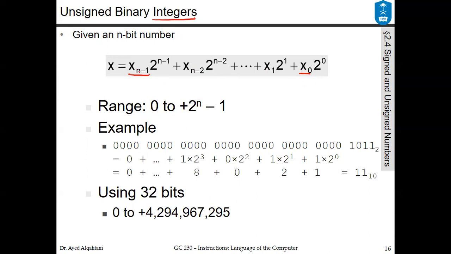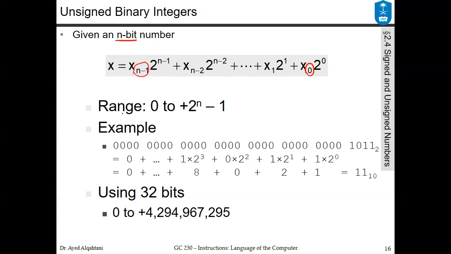Each one of these bits should be multiplied by 2 to the power of its location. So x0 times 2 to the power of 0, plus x1 times 2 to the power of 1. Notice the index. Similarly here, all the way up to the most significant bit. Notice that since we have n bits, we start from 0 to n minus 1.